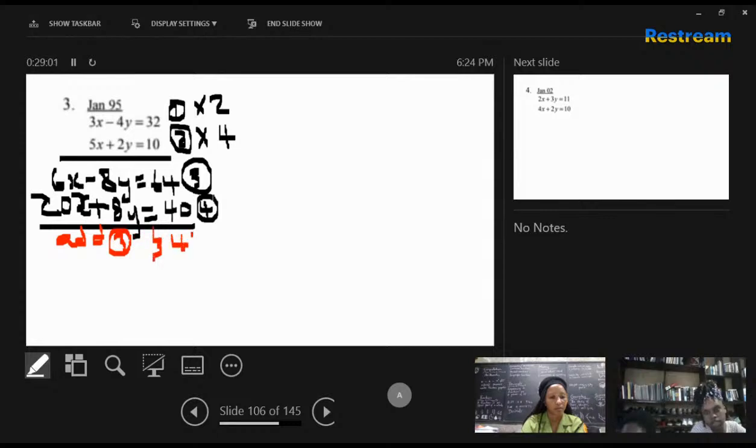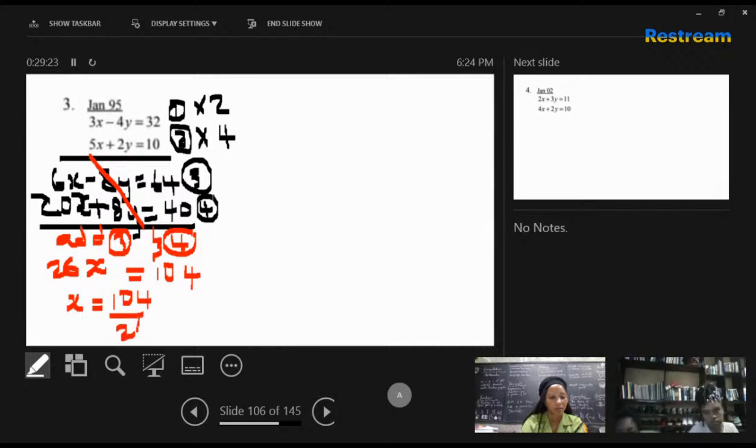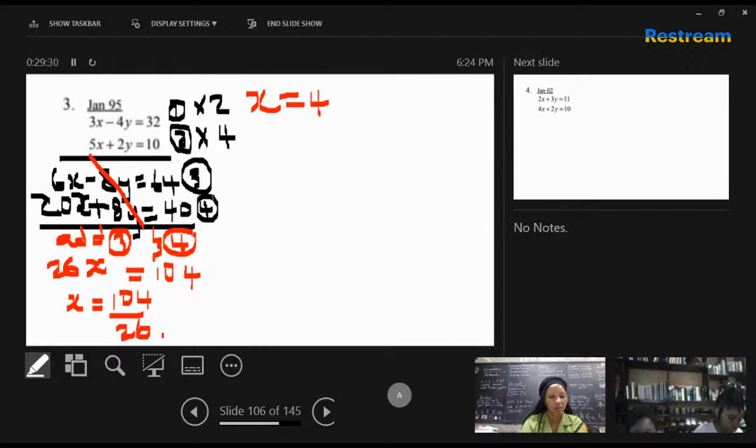So that would be 26x equals 104, and x would be 4. All right, so x is 4.